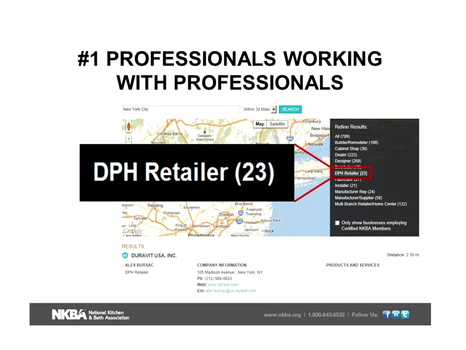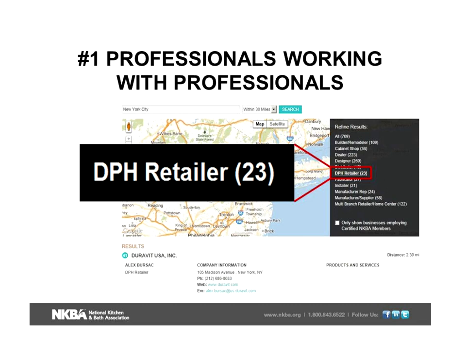Now, I went on to the NKBA website under the Ask a Pro question, and I noticed that in the New York City area, obviously one of the biggest concentrations of kitchen and bath dealers and related businesses, I did a 30-mile search, and I found that there are 23 decorative plumbing hardware retailers that we can go to for help.